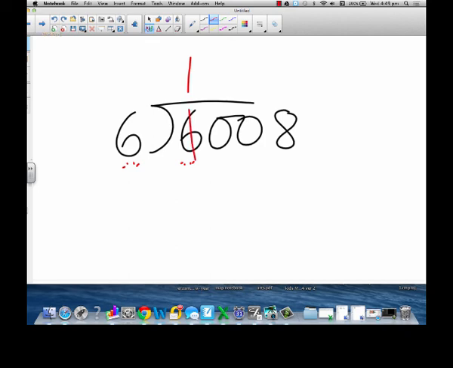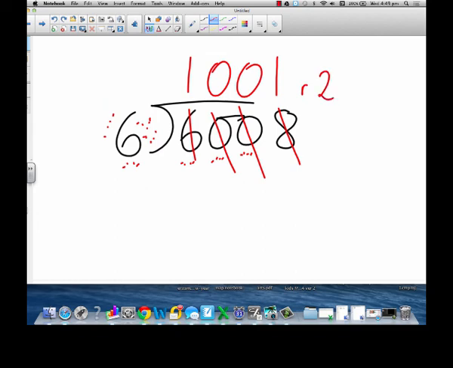Good. Done. Cross it off. 6 goes into 0 0 times. Cross it off. 6 goes into 0 0 times. Cross it off. Right? 6 goes into 8 once, doesn't it? And it's got a remainder of 2. And we are done. Okay.